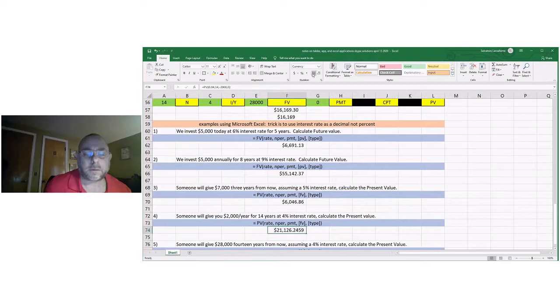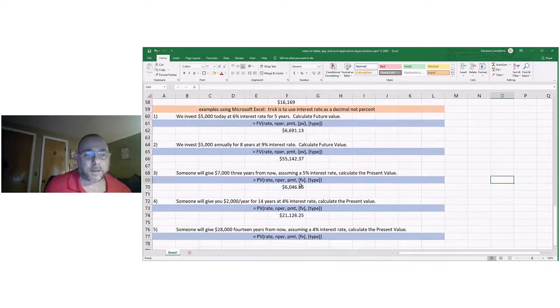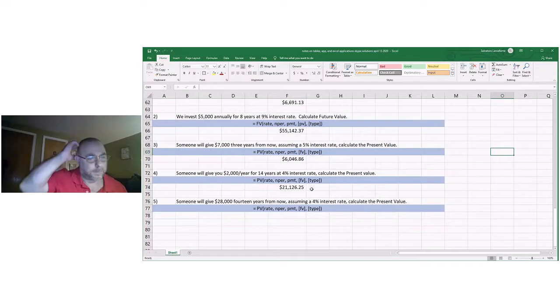Look, there it is. You get the same answers on the app as you do with Excel. Identical. It depends on how you have your Excel set for how many decimal places. Okay, last one. Someone will give you $28,000 14 years from now. Assume a 4% interest rate. Calculate present value.